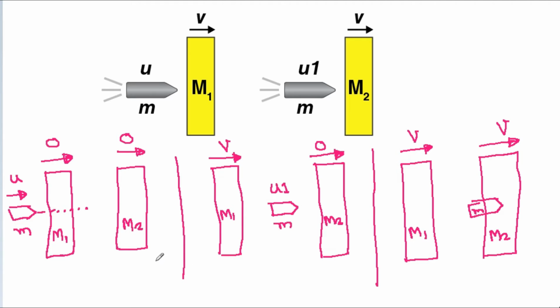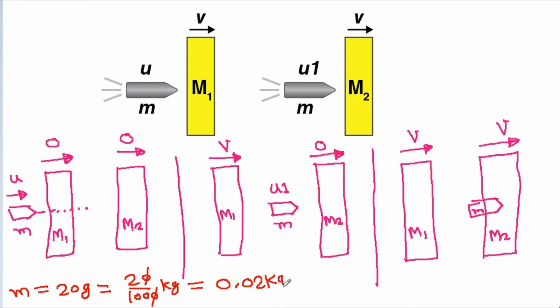And we are given m is equal to 20 gram. That means it is 20 by 1000 kg, and the zero will get cancelled and it is 0.02 kg. And also we are given m1 is equal to 1 kg and m2 is equal to 2.98 kg.